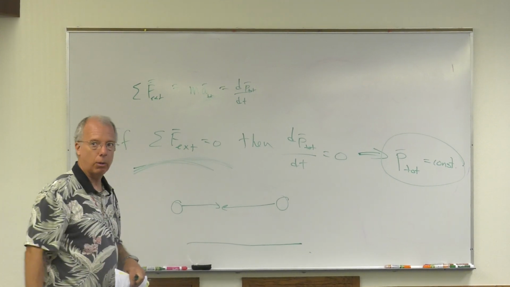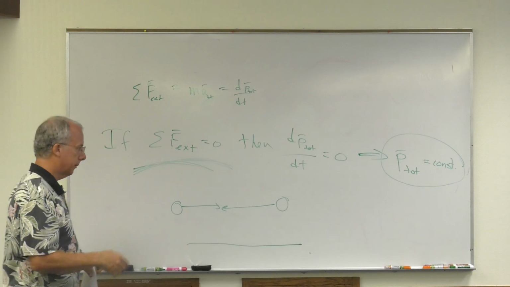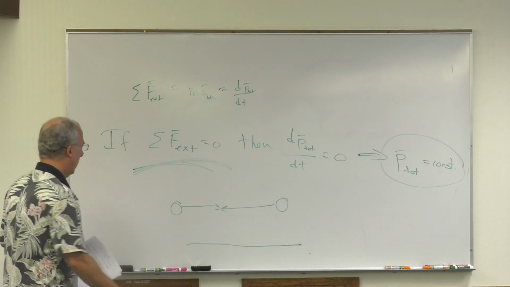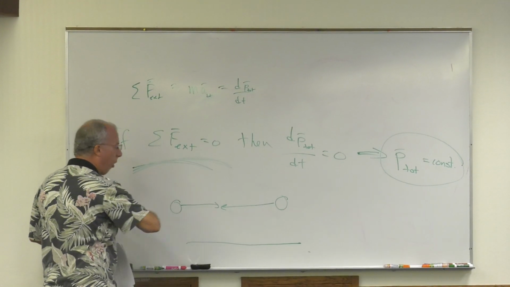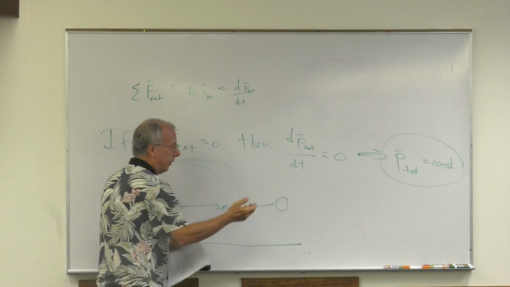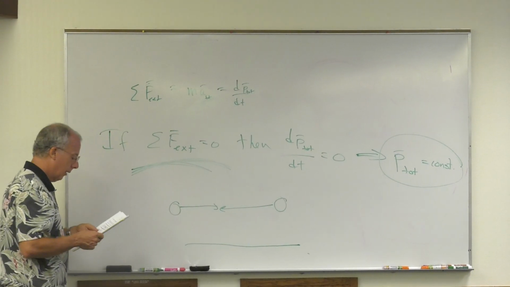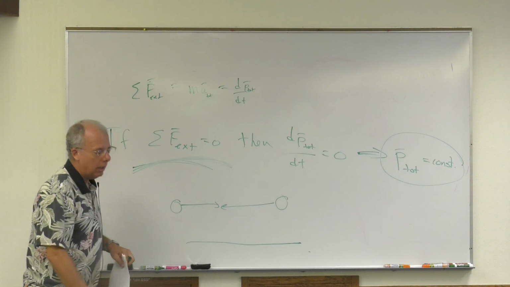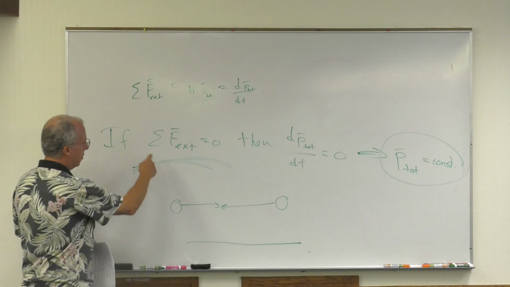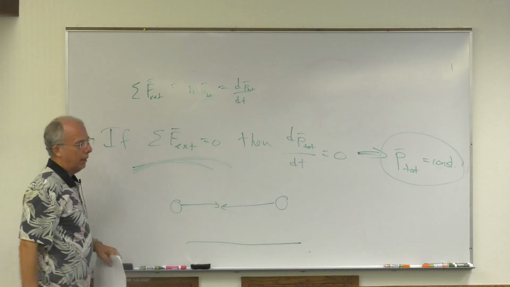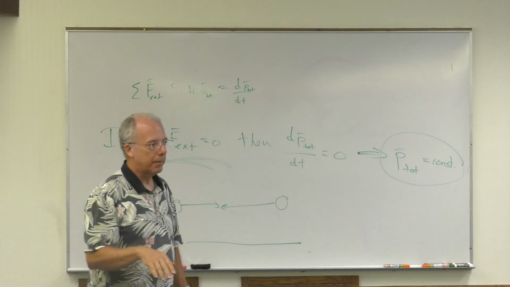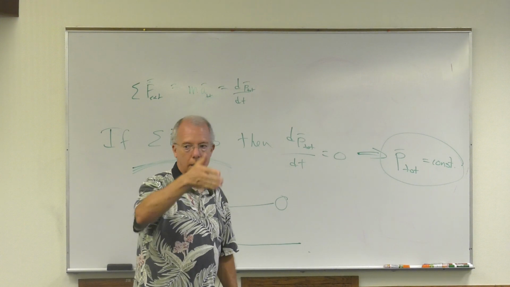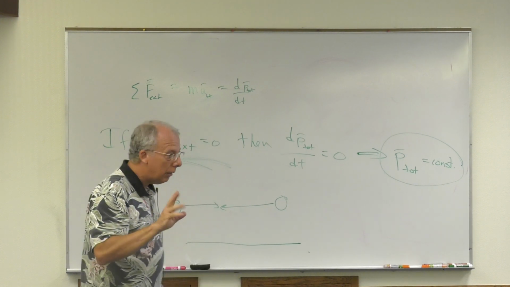No. So this is met along the horizontal plane, so the momentum is going to be constant. But it's not conserved in the y direction, because of gravity. So you've got to be careful: sometimes momentum is conserved along one direction, but not the other.